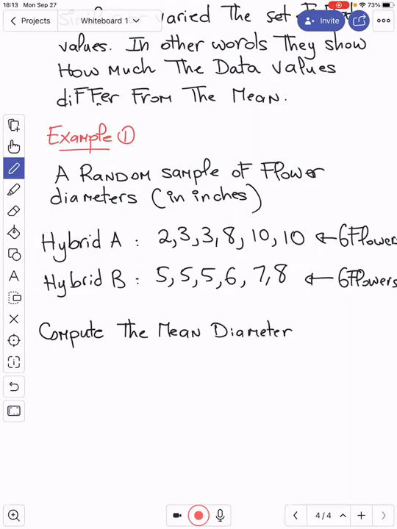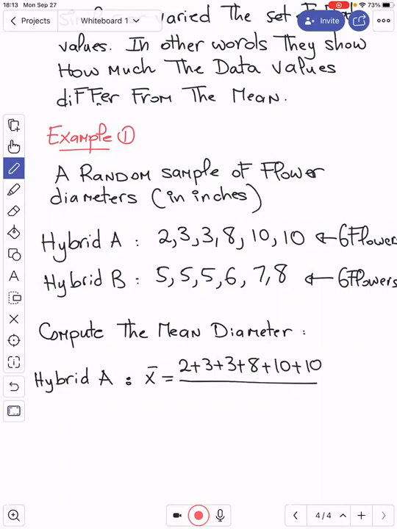For the first type of flowers, hybrid A, the mean diameter would be equal to the sum of the diameters. So it's 2 plus 3 plus 8 plus 10 plus 10.